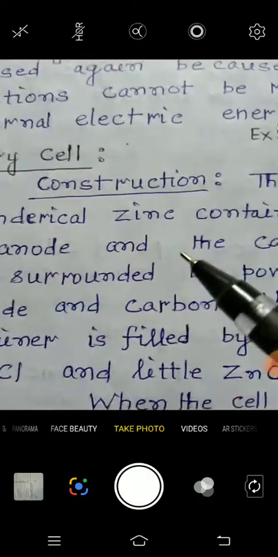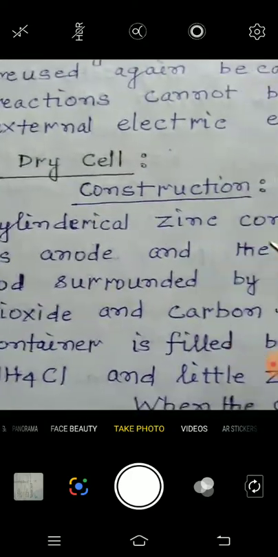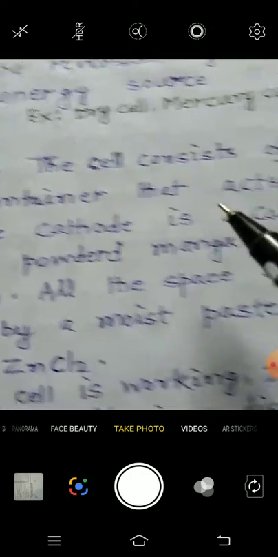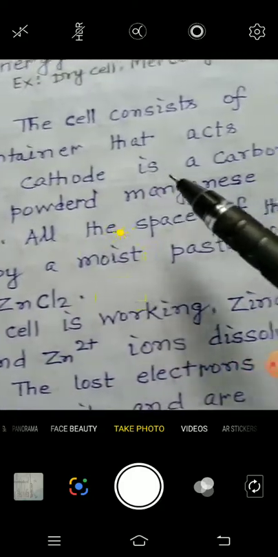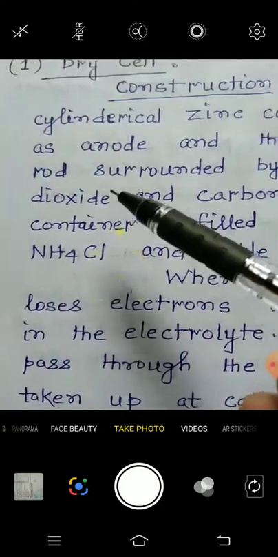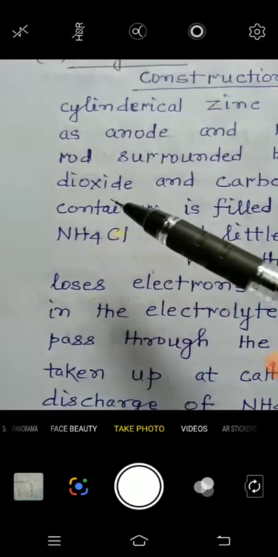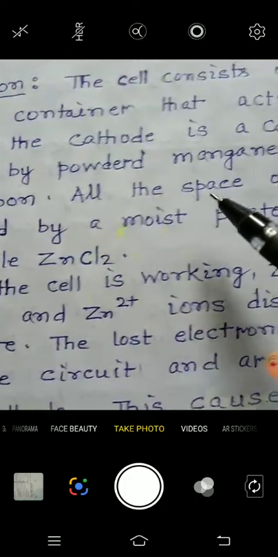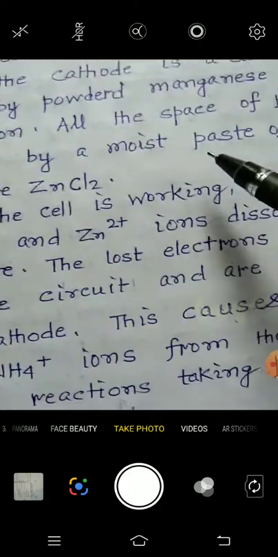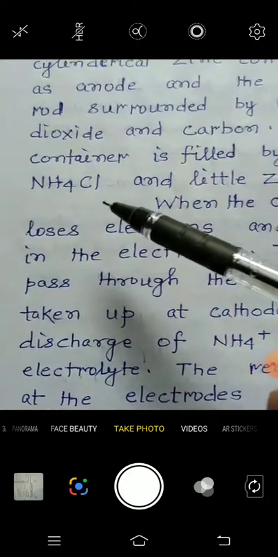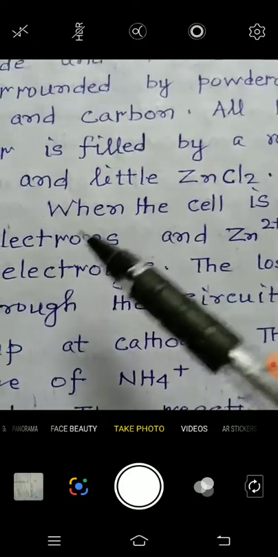Now the construction of dry cell. The cell consists of a cylindrical zinc container that acts as anode, and the cathode is a carbon rod surrounded by powdered manganese dioxide and carbon. All the space of the container is filled by a moist paste of NH4Cl and a little ZnCl2, zinc chloride.